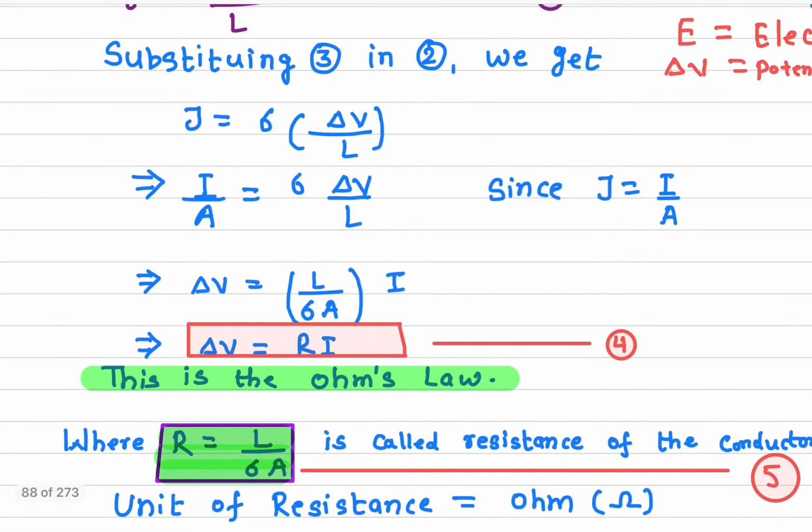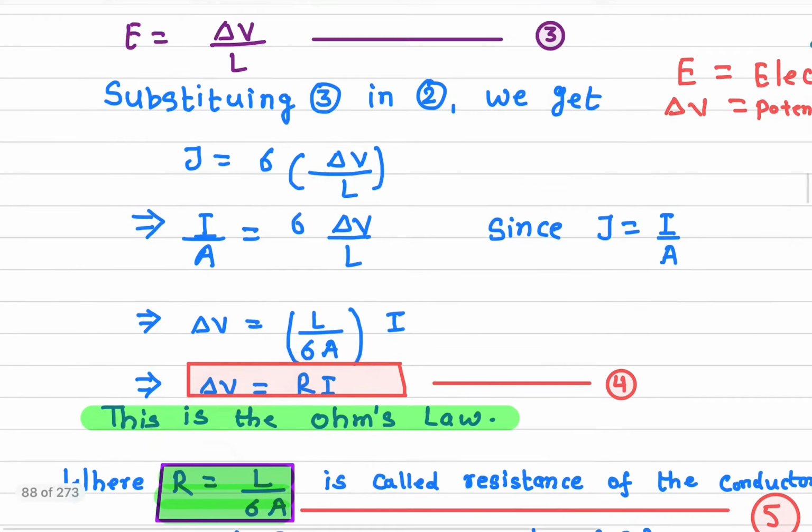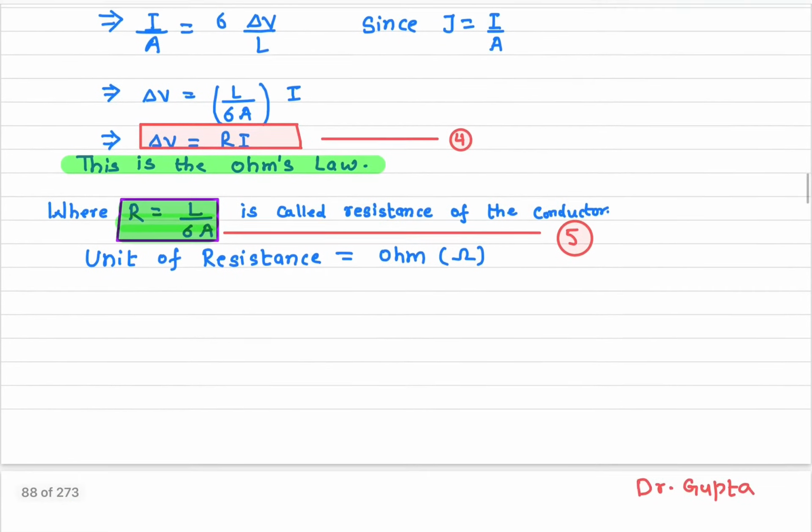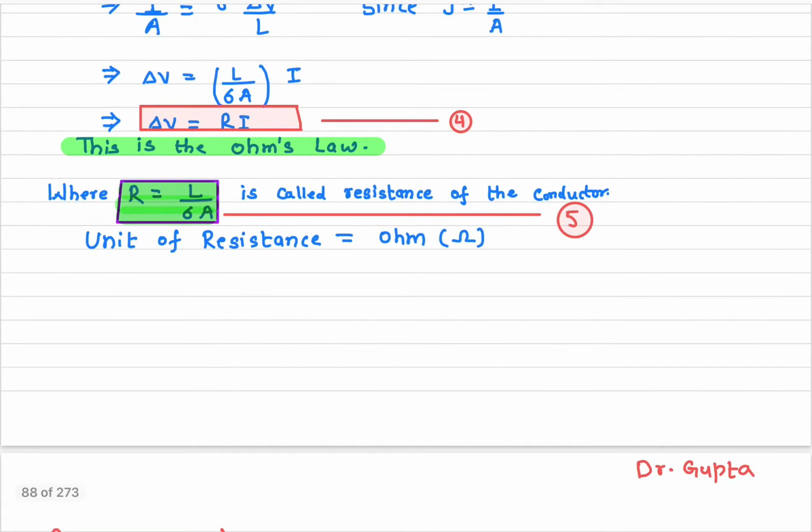This equation is simply a derivation, just another equation that is coming from this equation. So far we talked about Ohm's law. We have this equation called Ohm's law, and this quantity is called the resistance, and the unit is ohm.